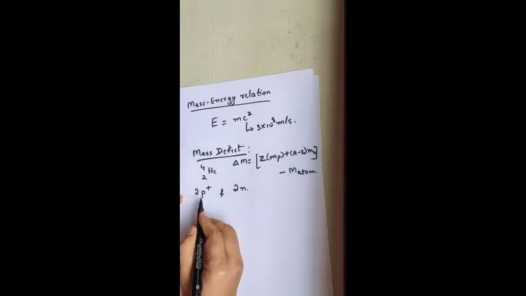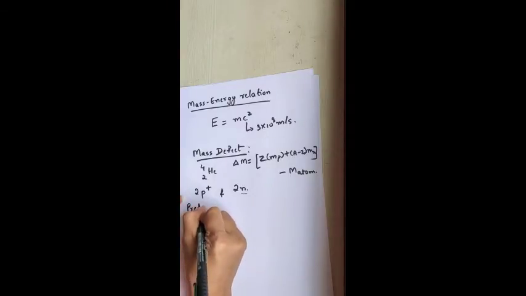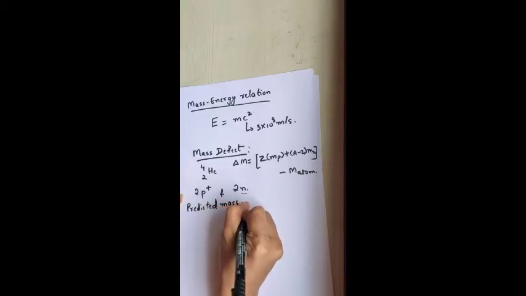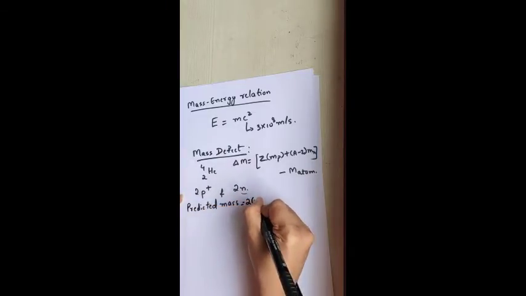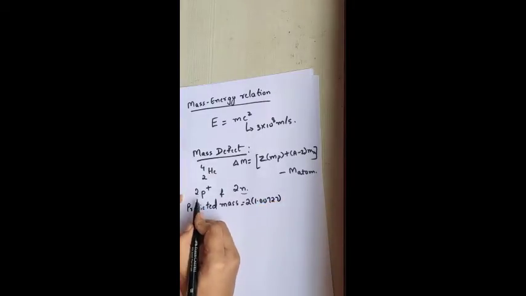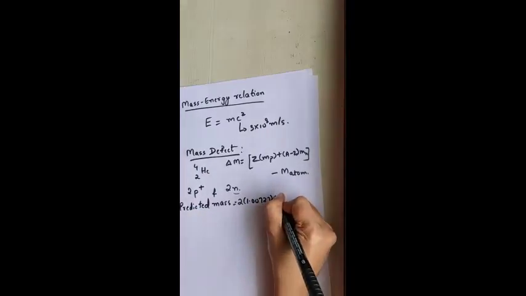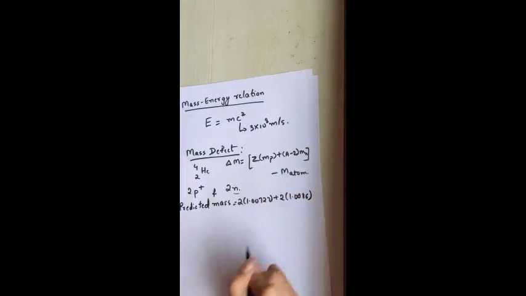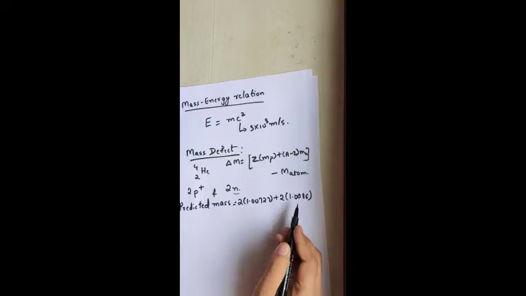So as I know the mass of the proton and the mass of the neutron, I can say the predicted mass of this helium. The predicted mass is 2 into 1.00727, which is the mass of the proton in AMU, plus 2 into 1.0086, which is the mass of the neutron in atomic mass unit.